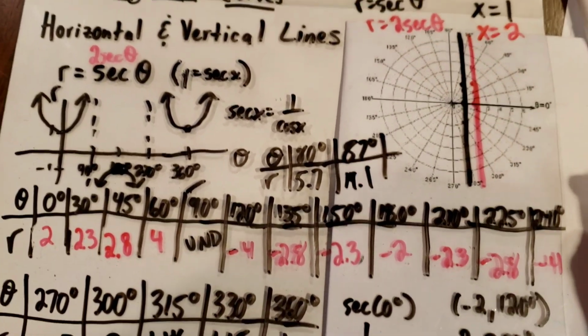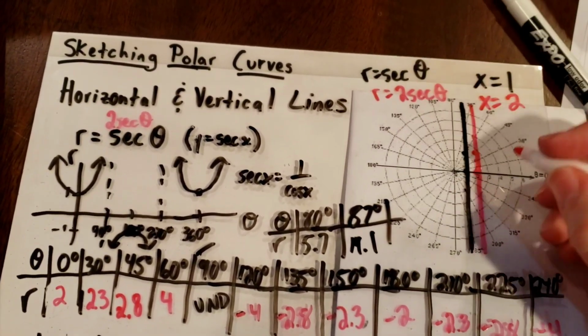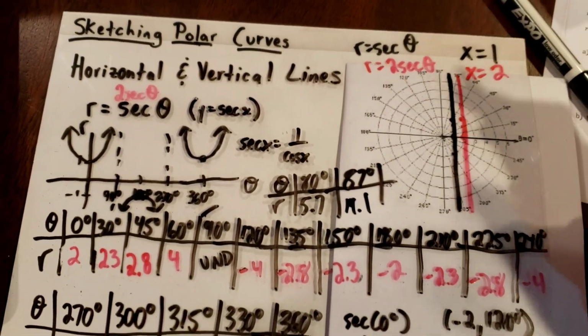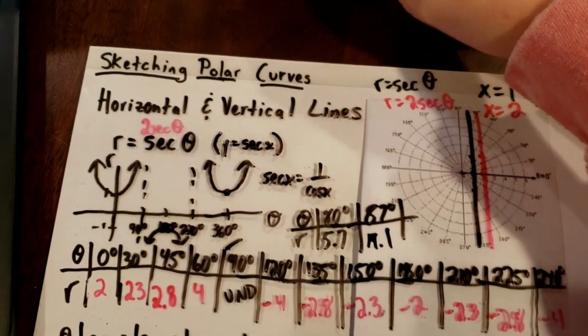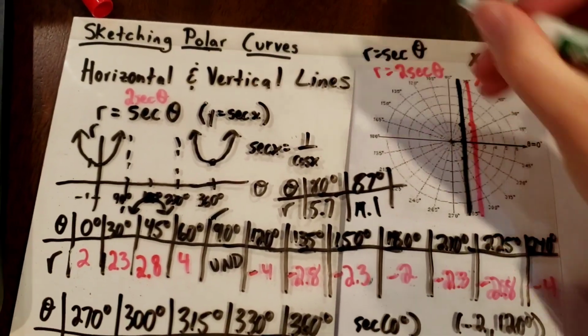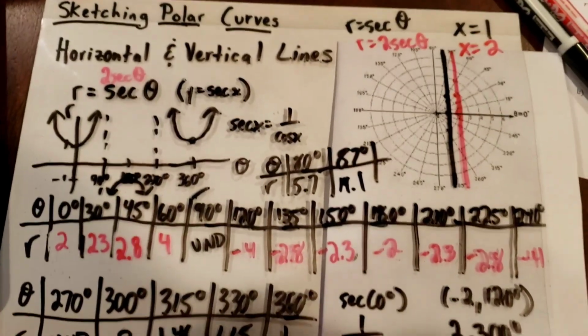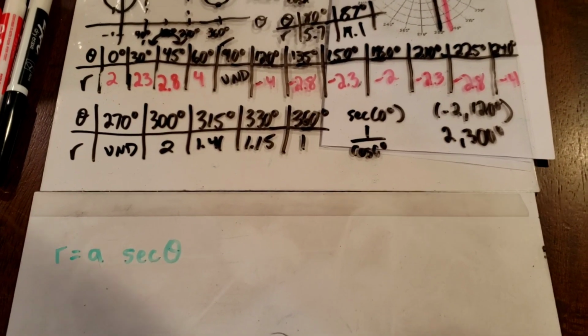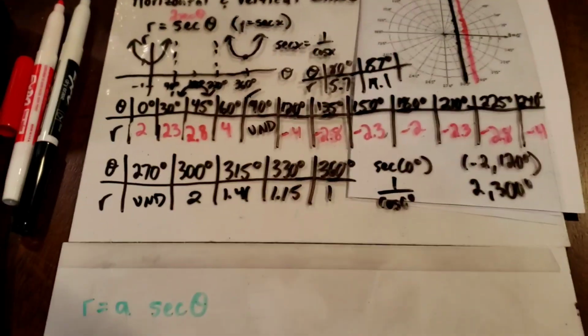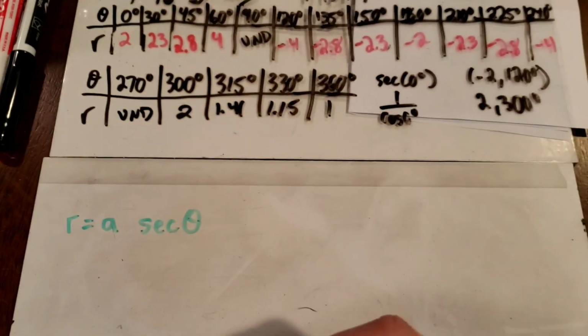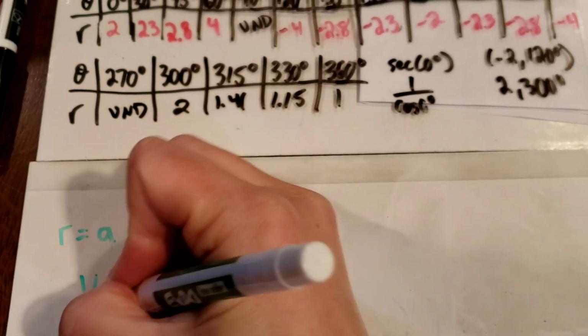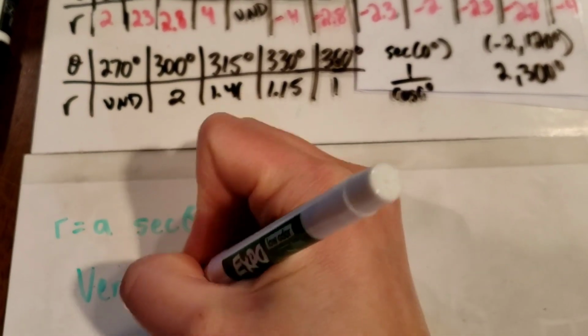So, when you just have r equals a secant theta, let's write that down. R equals a times secant of theta, we will always have a vertical line.